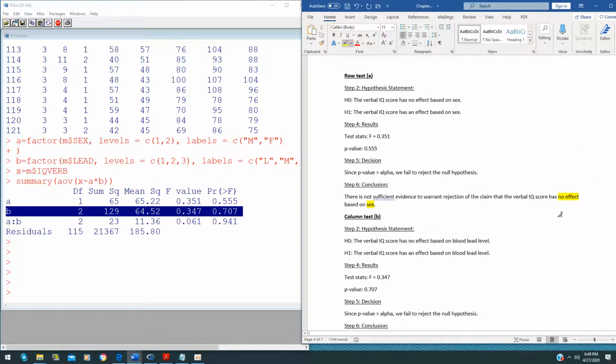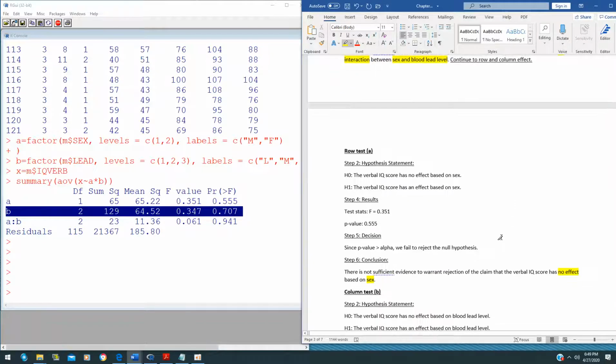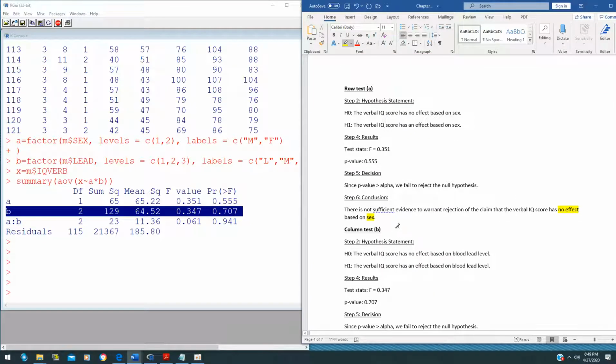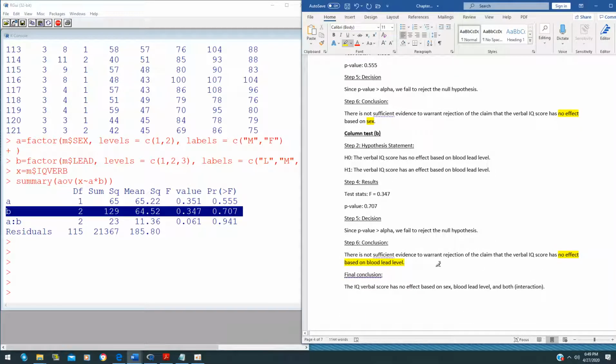So that means that if you look at all these conclusions, there's no interaction between both. There's no effect based on just the row, which is sex in this case, and there's no effect based on the column, in this case the blood level. So this is the final conclusion. Every time you do a two-way ANOVA, you have to tell me the final conclusion.